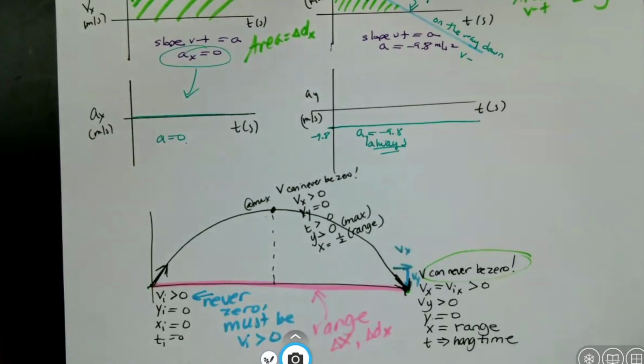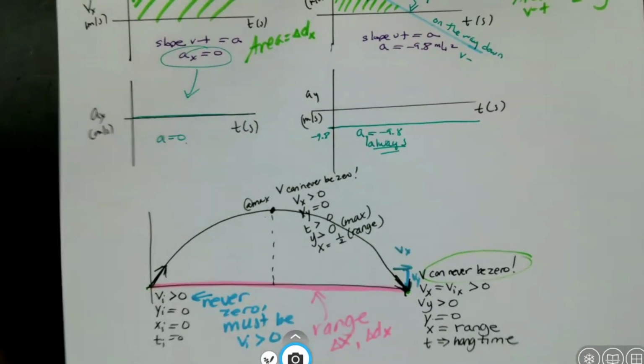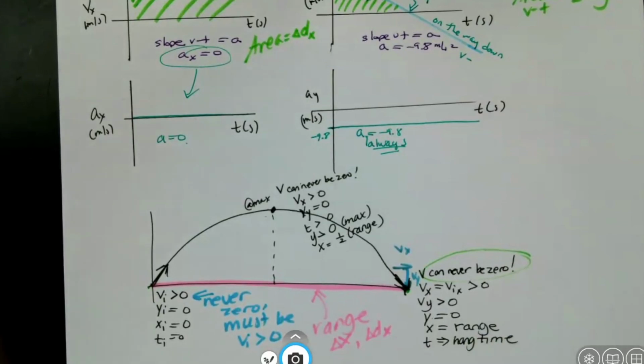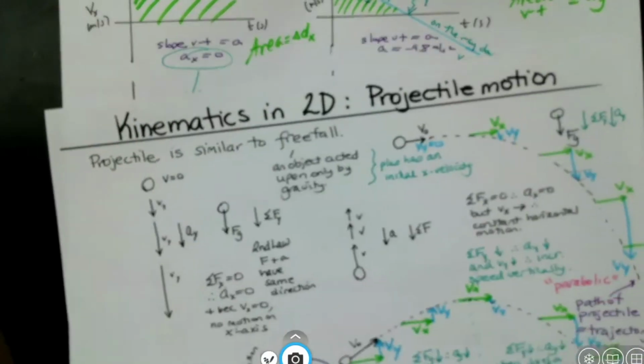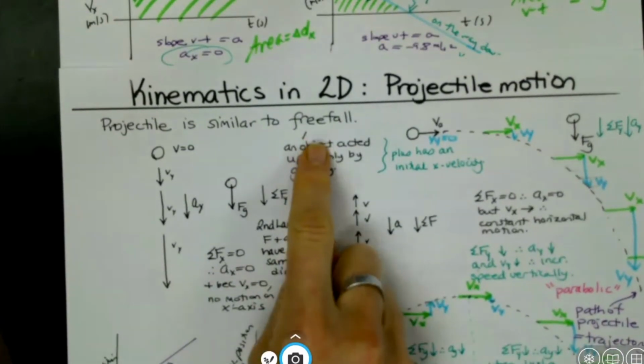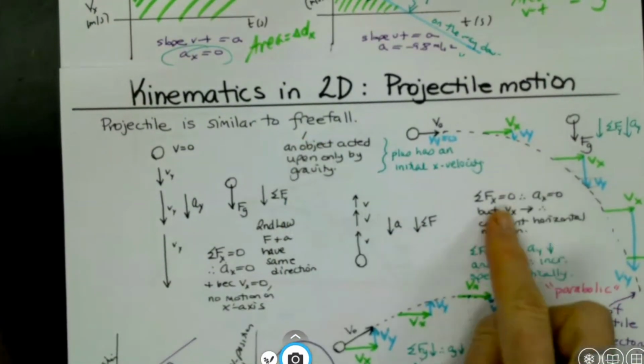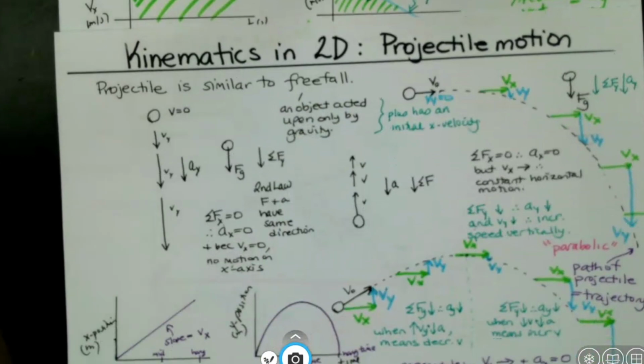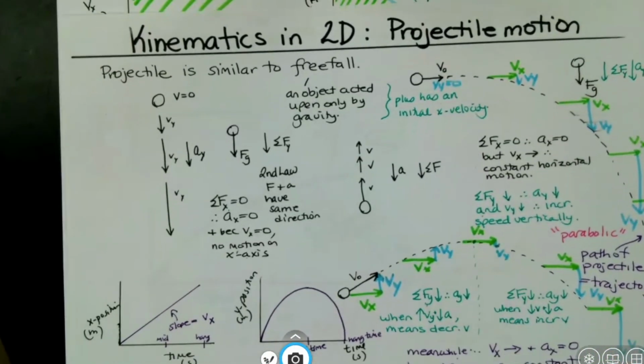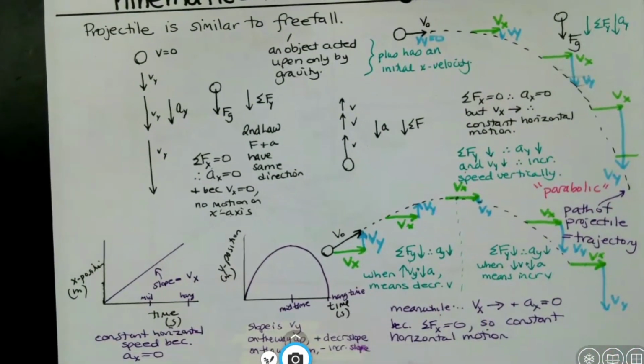The only new terminology you need to know are hang time, range, and trajectory, I believe. That's pretty much it. But you'll see how so much of this is kinematics that we've done before, a little bit of Newton's second law. We may work in a little bit of the law of conservation of energy, but that's about it.